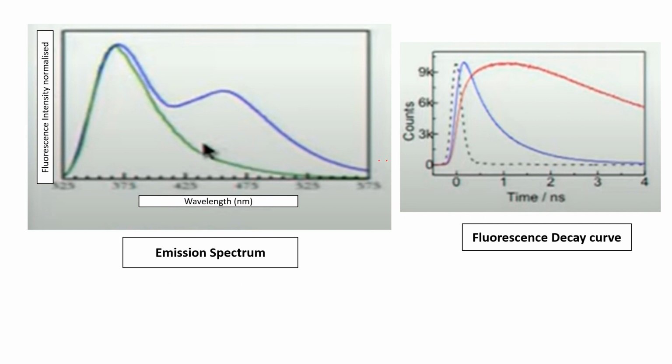This is the emission spectrum for any material, this is the emission spectrum of the ground state. Now if you take the emission of the excited state, after some time you will get two peaks. The second one you can say is red shifted. This is something associated with the excited state of the molecule.